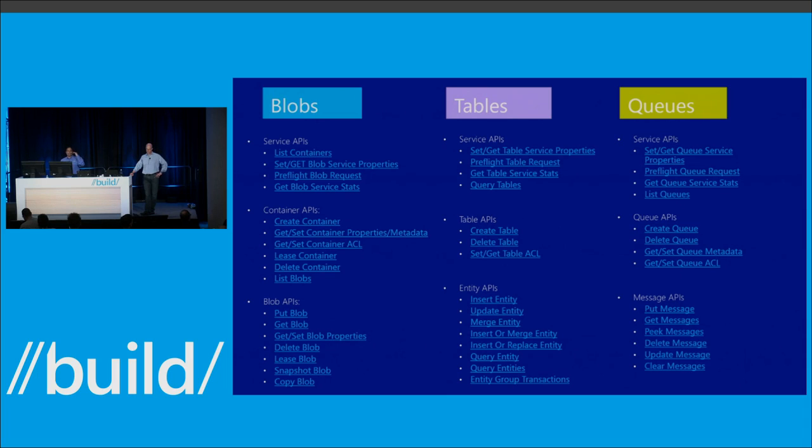We have a set of APIs at the service level. For blobs, you have containers. For tables, you have tables. For queues, you have queues. And then you have APIs that manipulate either blobs, table entities, or queue messages. So it's a very consistent programming paradigm. If you're using one, it's very easy to incorporate the others into your application.